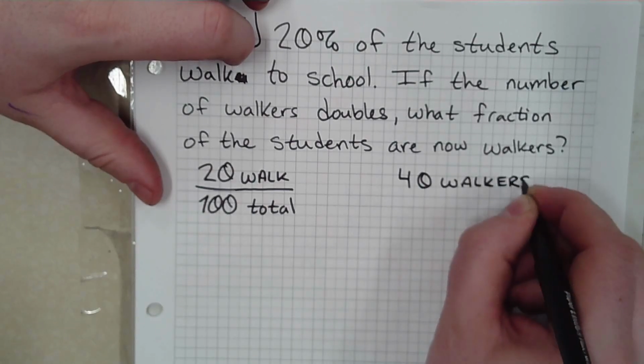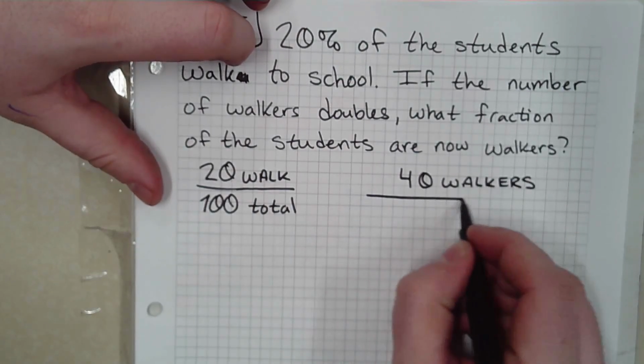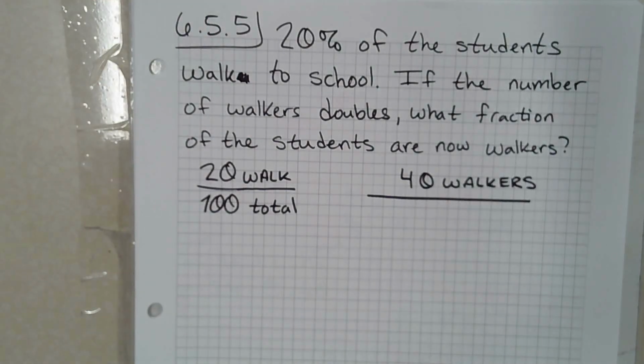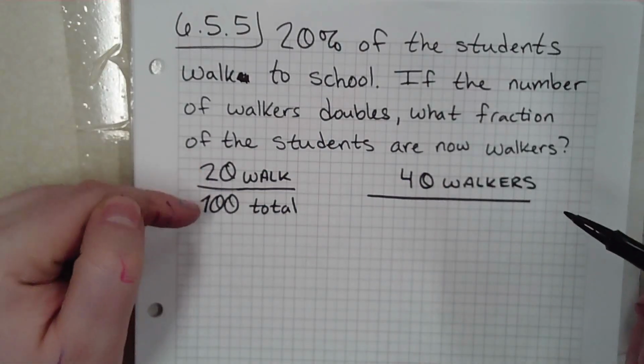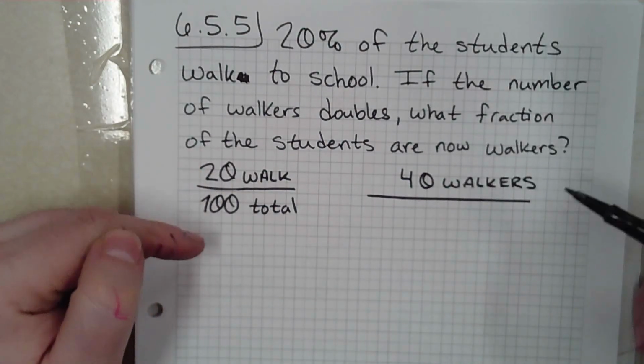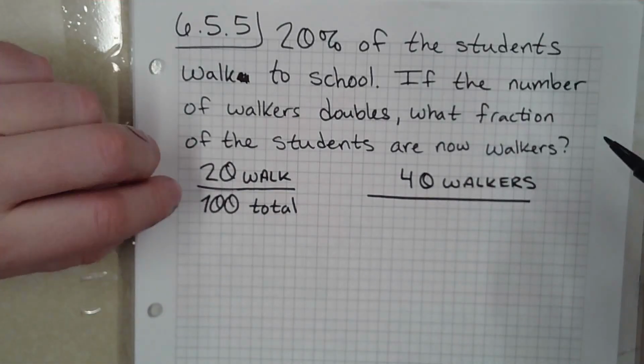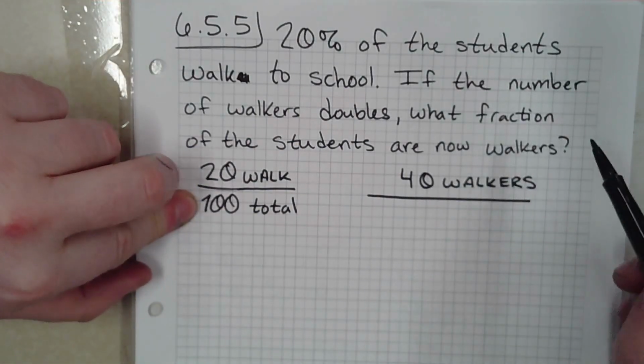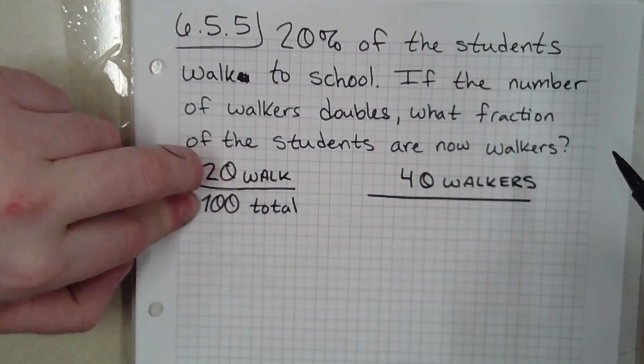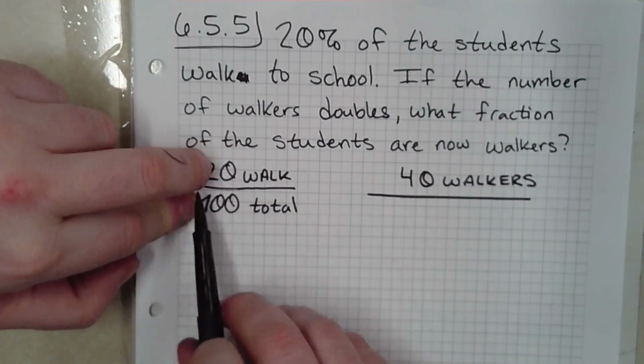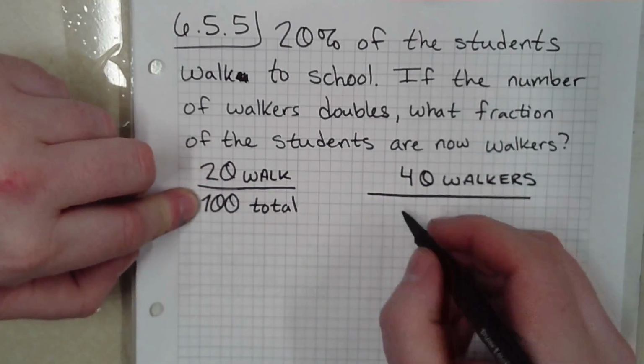But it wouldn't be out of every 100 people. Think about it. We used to have 20 walkers out of 100 total people. But now we doubled the number of walkers. So we had 100 total people before when this was 20. When this is 40, didn't we just add 20 more people? So the new total is 120.